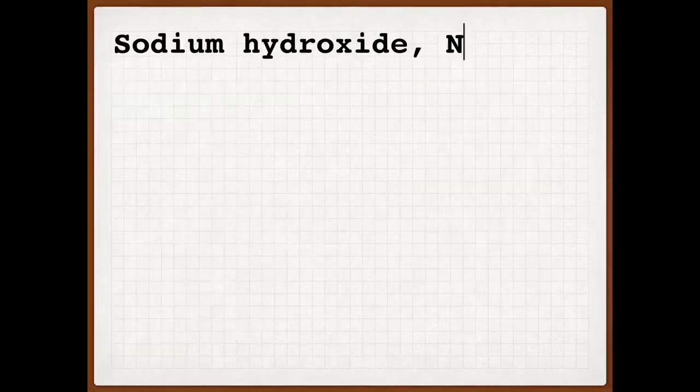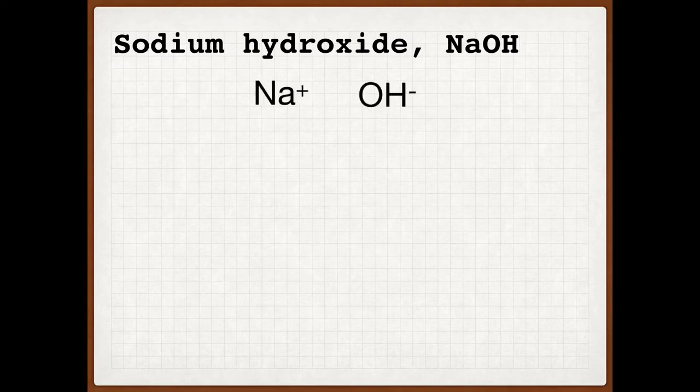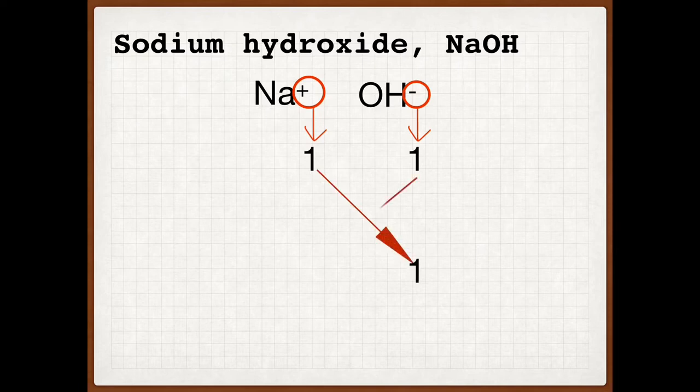So now we start with sodium hydroxide. For sodium hydroxide, it involves sodium ion and hydroxide ion. So we bring down the charge +1 and -1. Then we cross the number 1 and 1.